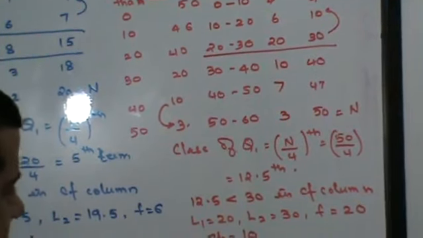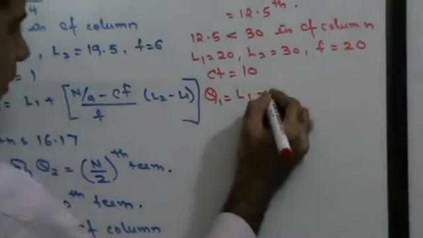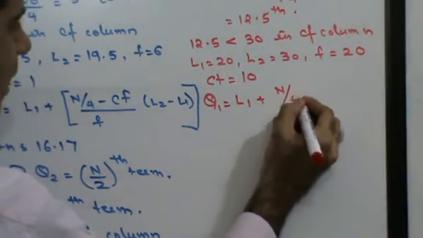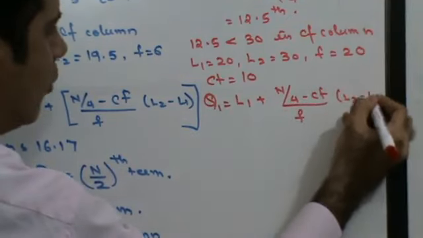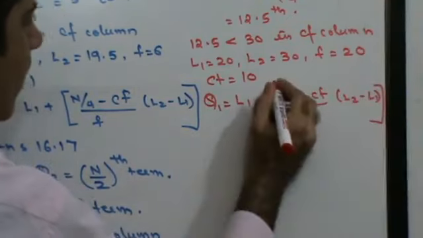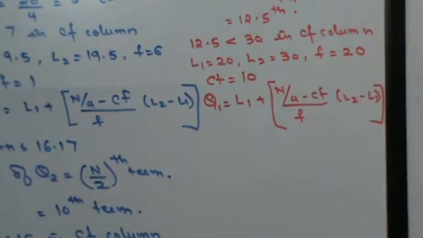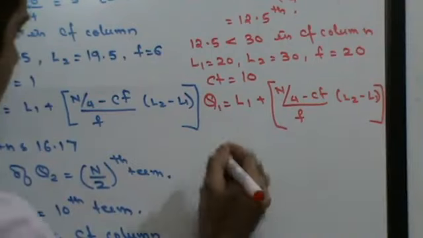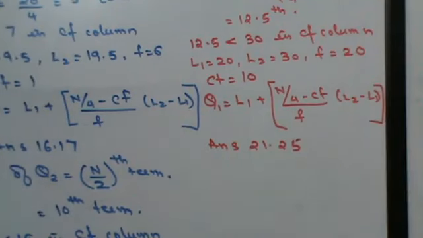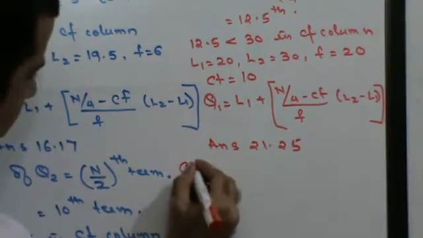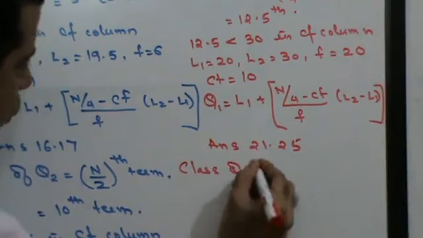In that case, I can say Q1 is L1 plus same formula n by 4 minus CF upon F, times L2 minus L1. Substitute the values. You have all the values. When you substitute this, you will get the answer for this as 21.25.